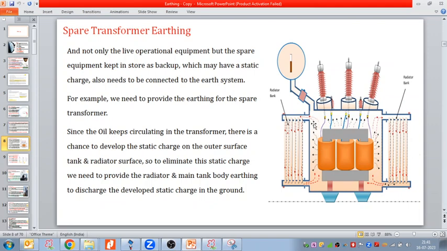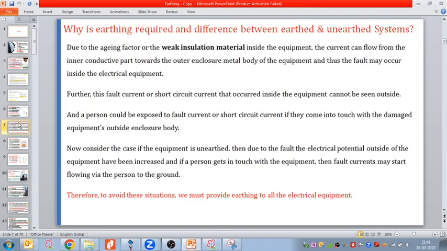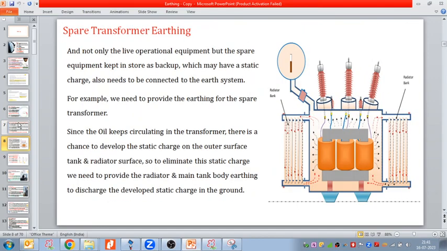Due to that circulation of oil, there is a chance of developing static charge on the outer surface of the tank as well as the radiator surface. To eliminate this static charge, we need to provide earthing to the radiator and main tank body to discharge the developed static charge into the ground. So earthing is not only for live equipment, it is applicable for spare equipment as well.